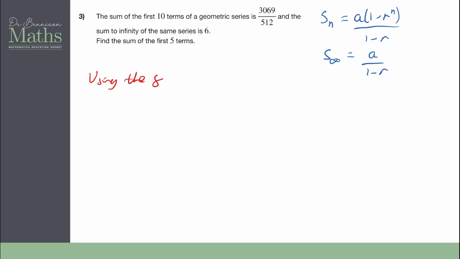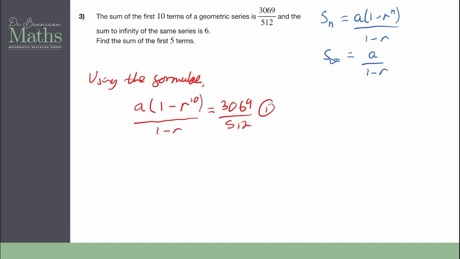So using the formulae, then we've got a times 1 minus r to the power 10, we know n is 10, over 1 minus r, and that is equal to 3069 over 512, and that's my equation 1.